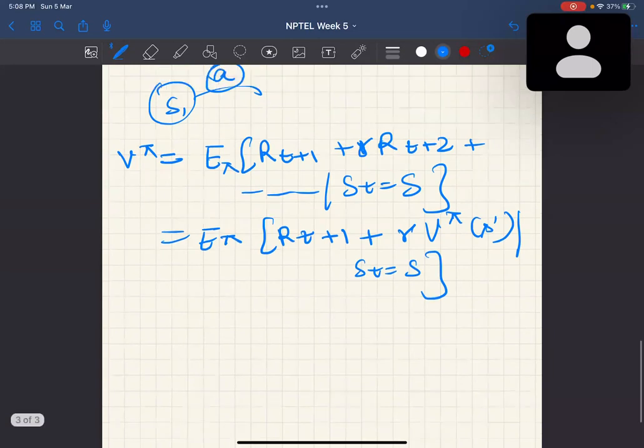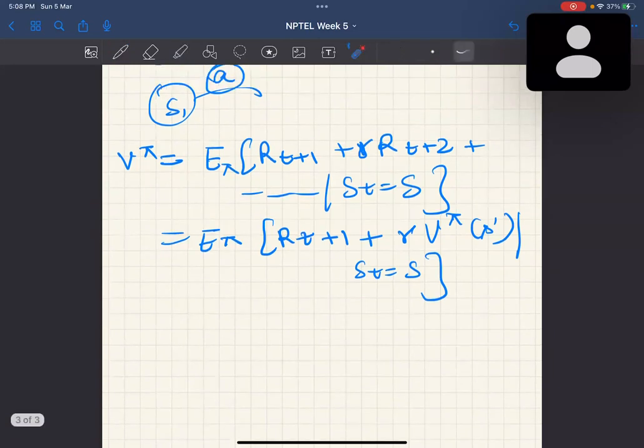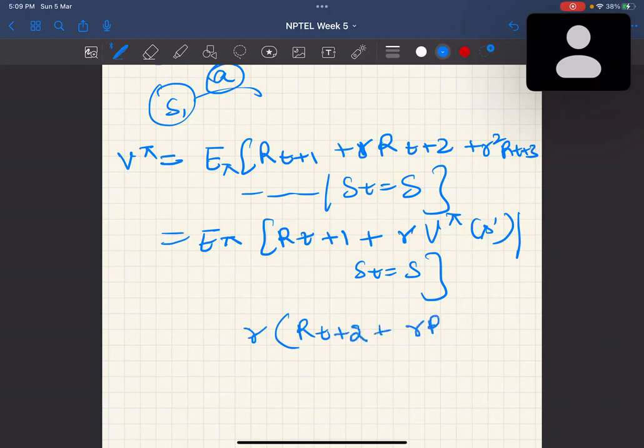Now what I have done here is, this is RT plus 1 plus gamma RT plus 2 plus gamma square RT plus 3 and so on. I have taken this RT plus 1, and the rest has gamma as a common factor, which gives RT plus 2 plus gamma RT plus 3.